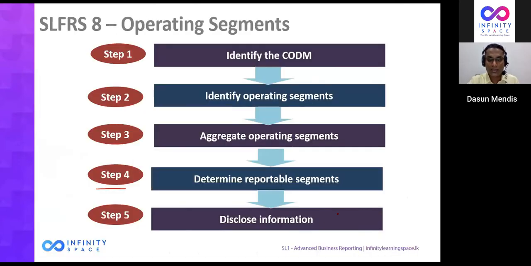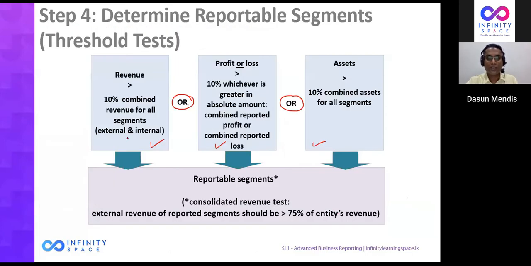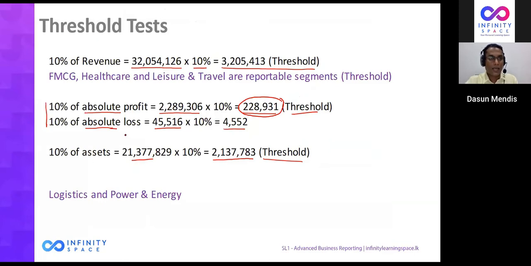Now, technically, what has happened was FMCG, healthcare, leisure and travel has become reportable under the revenue threshold. And for FMCG, healthcare, leisure and travel, I don't need to check the profit or loss threshold or the asset threshold because it is not required. Satisfaction of one criterion is enough.